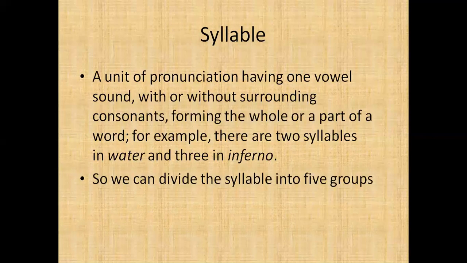I have not written them here, I'll just say. One is monosyllable. Mono means single, one syllable. Understand? The word which has one syllable. Then disyllable. Di means two. These words are Greek and Latin words. And trisyllable means three syllables. The fourth one is tetrasyllable.